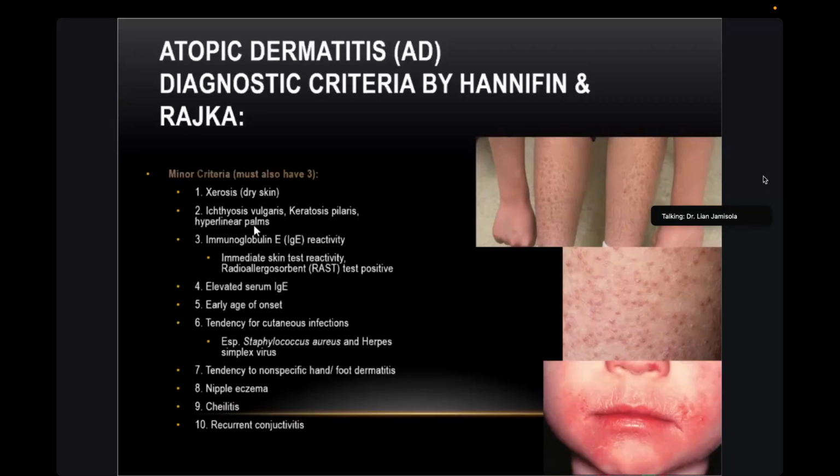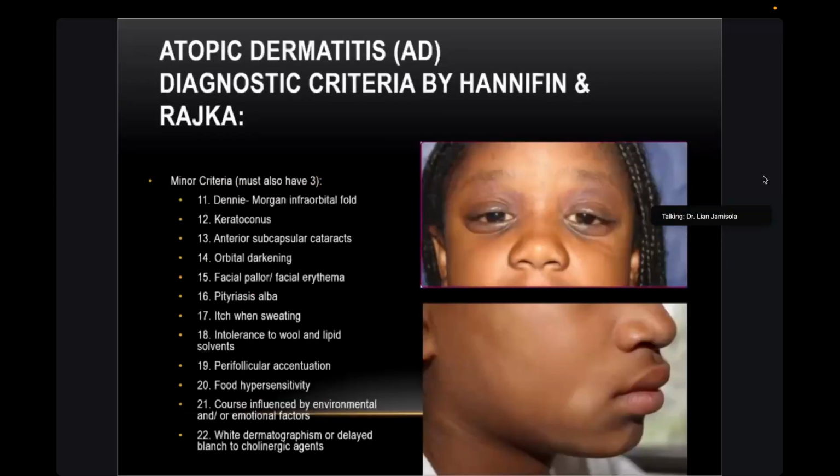Hyperlinear palms, these are those with palms and soles na sobrang madaming lines. Rough and with lots of lines. And the others are IgE reactivity, elevated serum IgE, and all of those. Cheilitis is dryness around the lips. Recurrent conjunctivitis is part of the minor criteria as well.